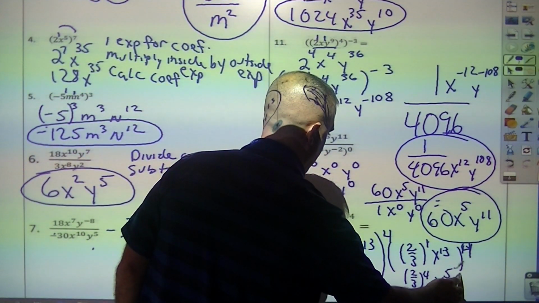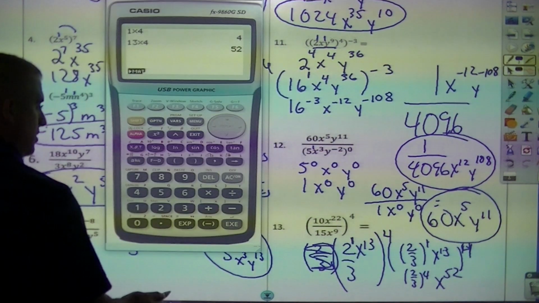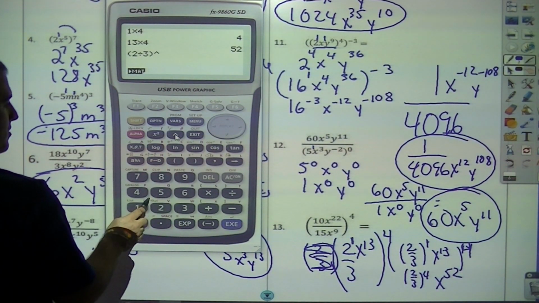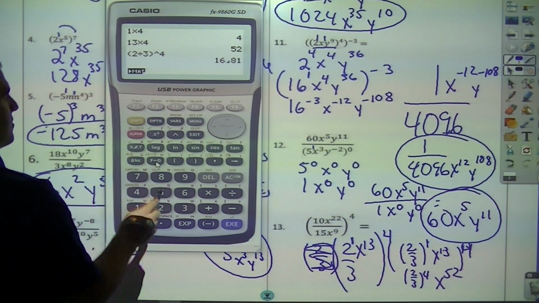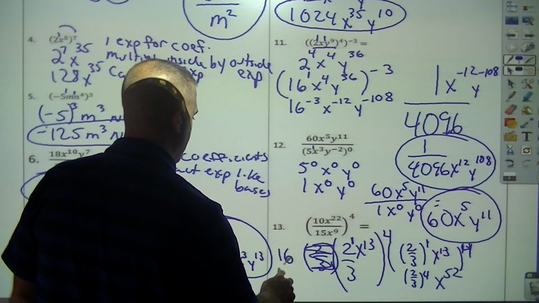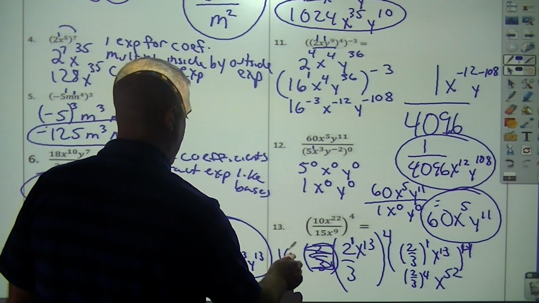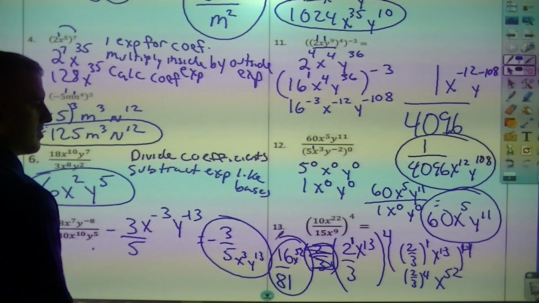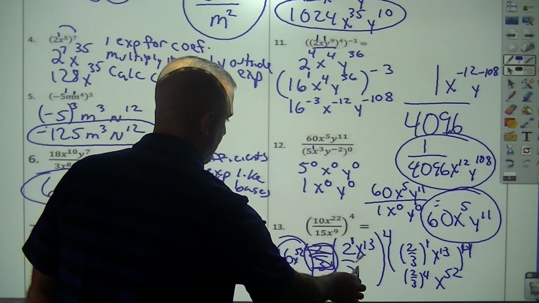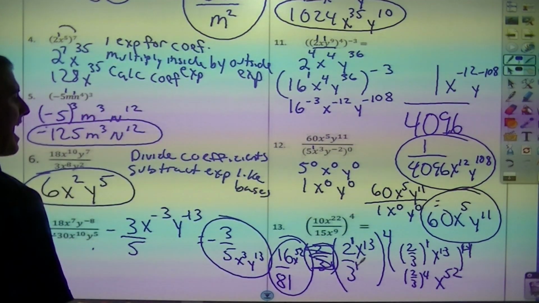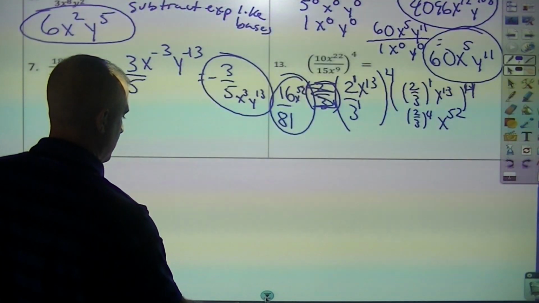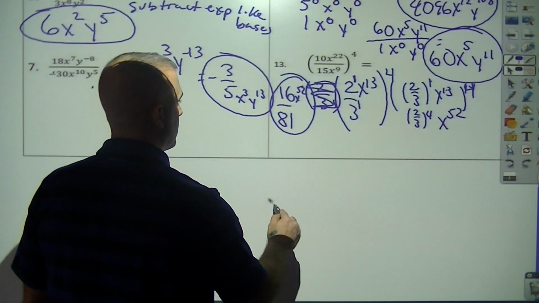Now I would calculate 2/3, parentheses 2 divided by 3, raised to the 4th power. And if I do the fraction of decimal, I get 16 over 81. And then the x to the 52 would just join right next to it. I saw somebody else suggested this. Mr. Evans, what if I did it like that?